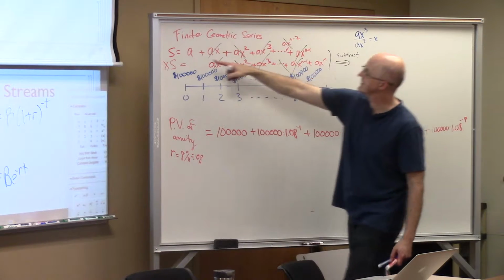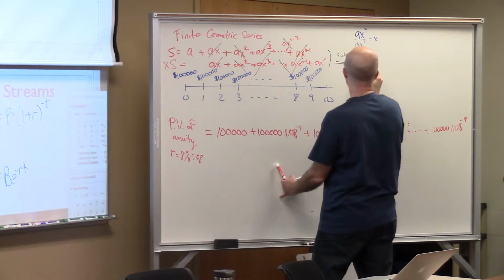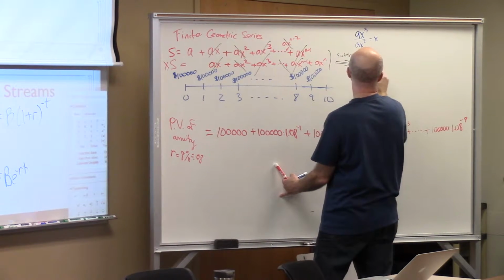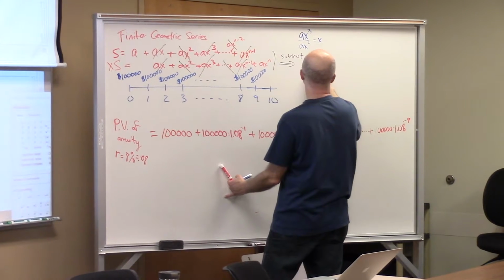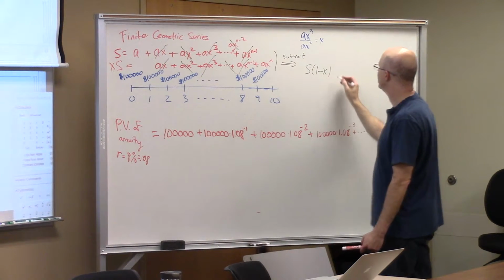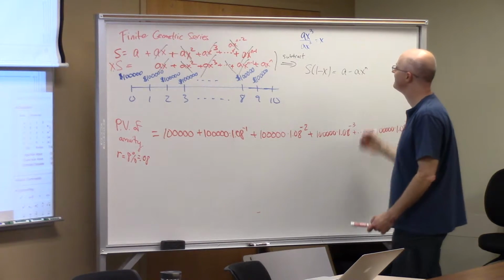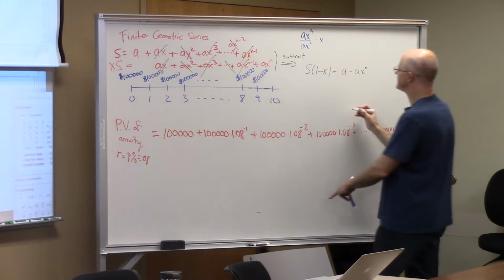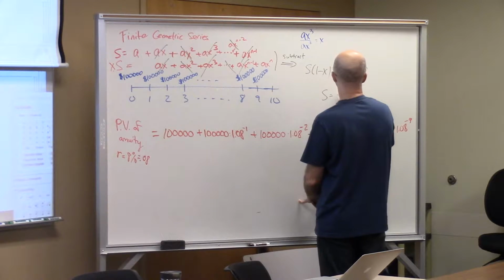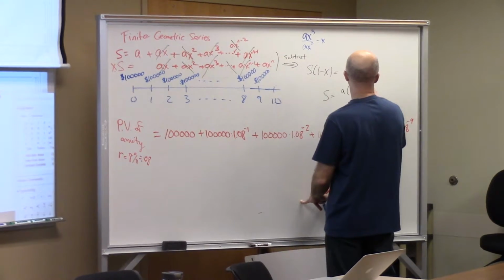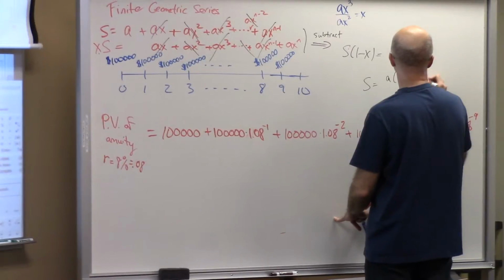On the left, I get this minus this, which is the same as s times 1 minus x after I factor the s out. And on the right, I get a minus ax to the n. Now just divide both sides by 1 minus x and you get your answer. I'm also going to factor the a out of the top term.